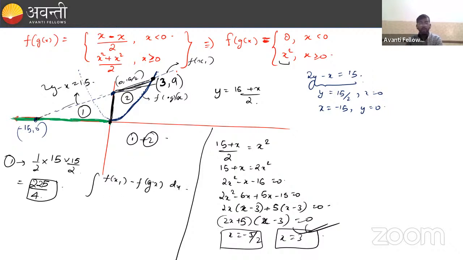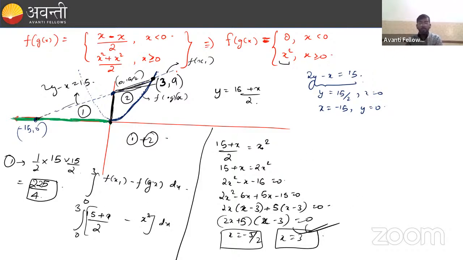The x coordinate is changing from 0 to 3. F of x1 is (15 plus x) by 2, minus f of g of x, which is x square, dx.